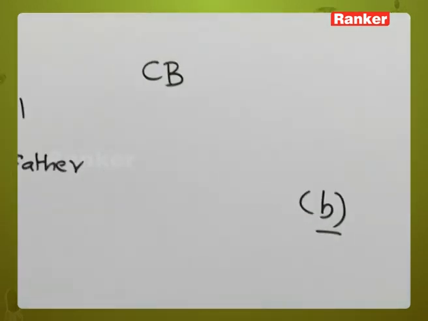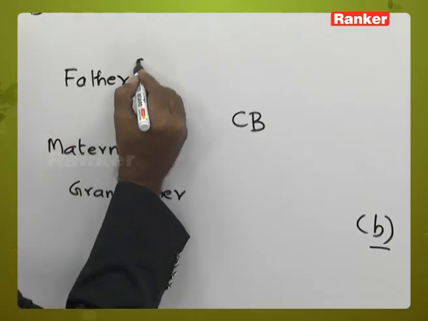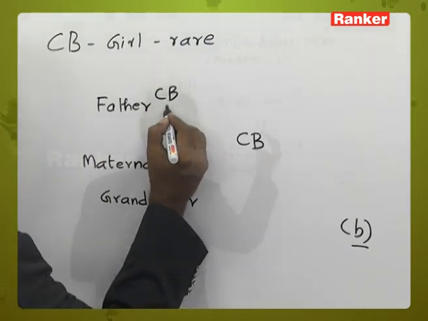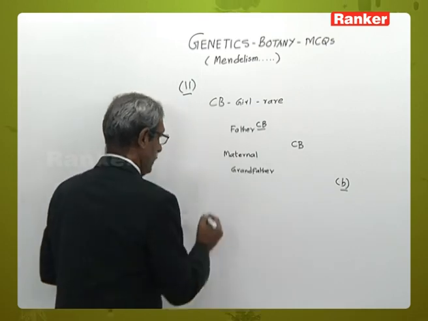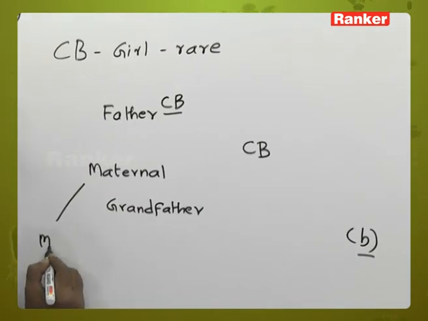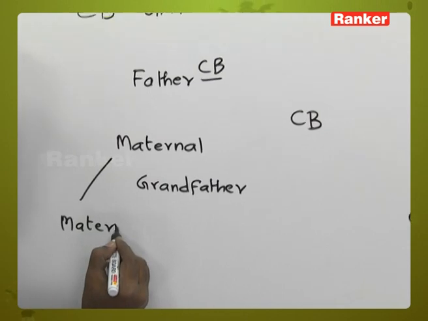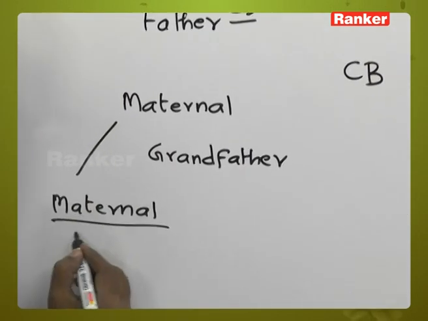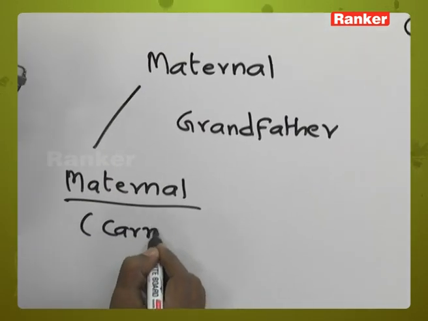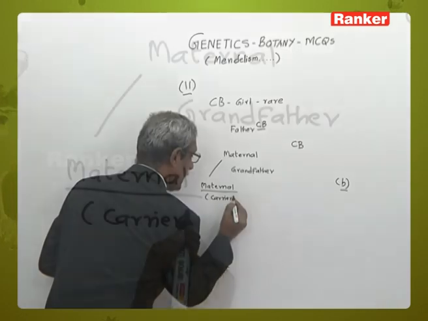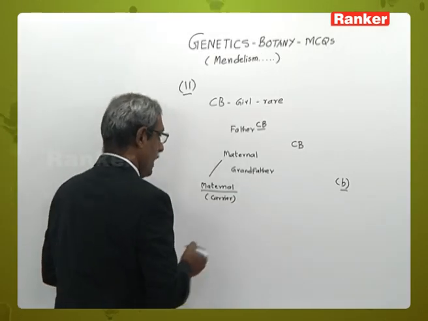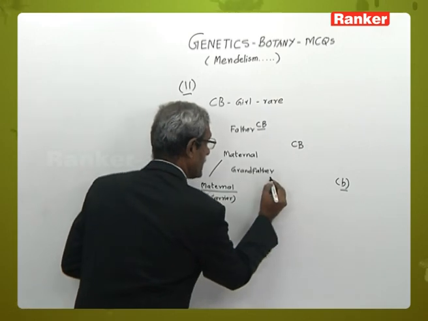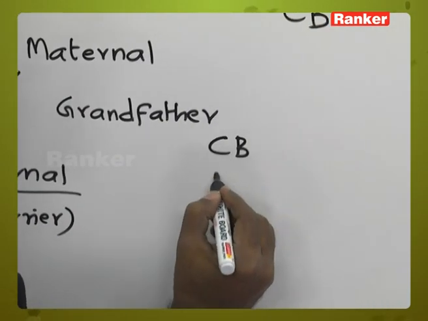The reasons being, father is a carrier for color blindness. He has the gene for color blindness. The mother, the maternal side, are the carriers. They are the carrier for color blindness, and maternal grandfather has again got the colorblind gene.